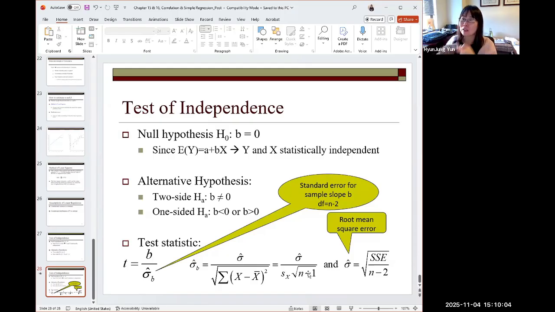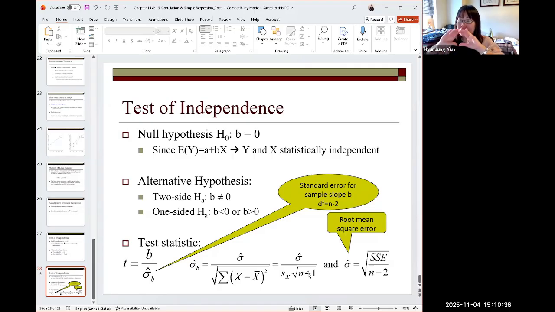A t-test for each individual slope, for each individual independent variable. In a simple regression model, if the independent variable is statistically significant, then the whole equation model will be statistically significant, right? But in a multiple regression model, the first independent variable, variable X, is statistically significant, but the second independent variable can be insignificant and the third independent variable significant again.